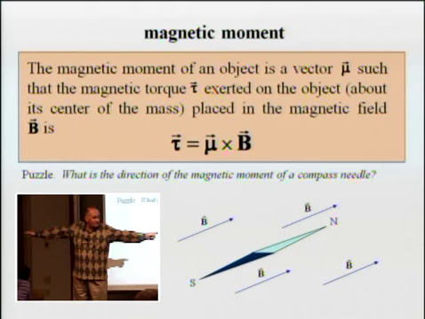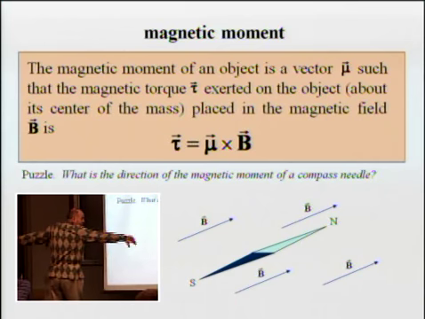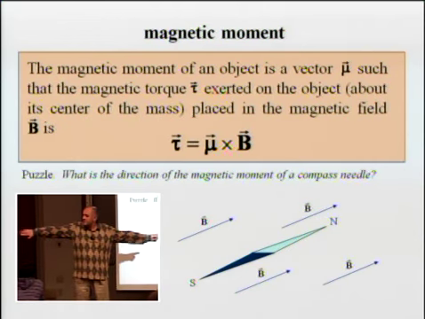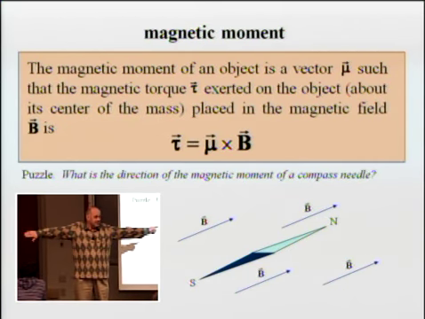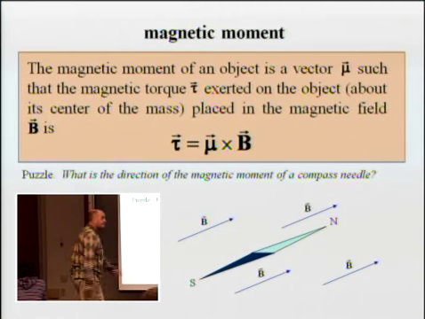Torque is down. So what will the needle do? Spin like that. Right? Now let's see what will happen if we deviate slightly that way. Magnetic moment now is in this direction. Magnetic field is this direction. Torque is up. What will the needle do? Turn that way. Yeah, so what's the conclusion?